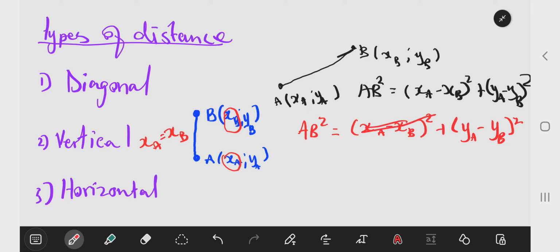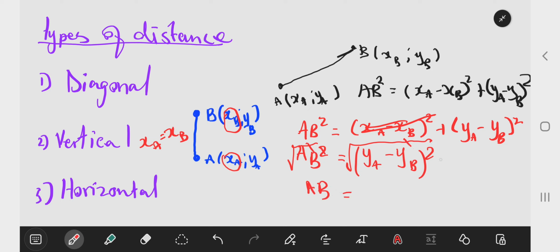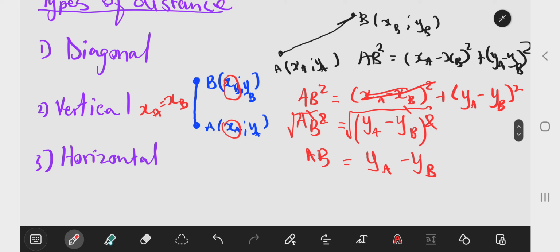So the x part goes away when you calculate the vertical distance. So AB squared is equal to y of A minus y of B, squared, because the x part is 0. So now if I put square root on both sides, this cancels this, and we are left with AB is equal to y of A minus y of B, right?